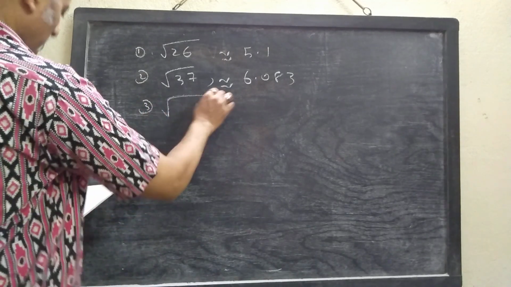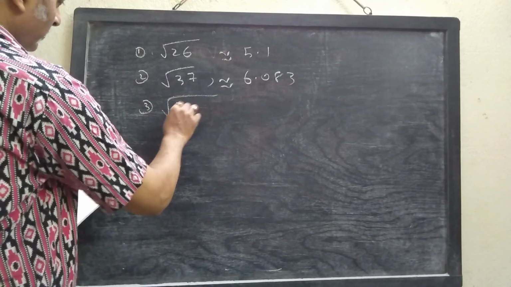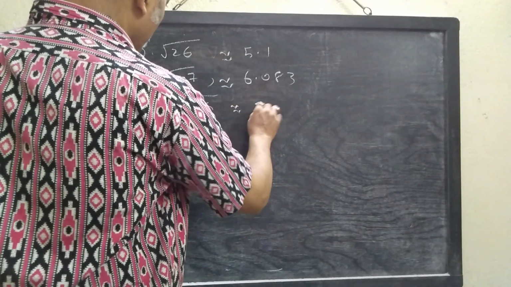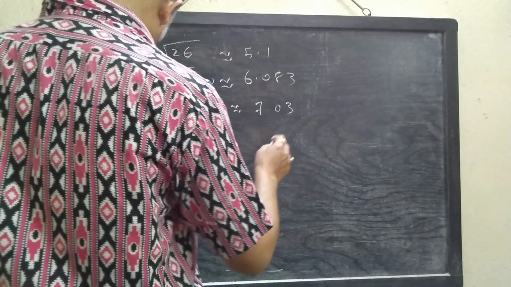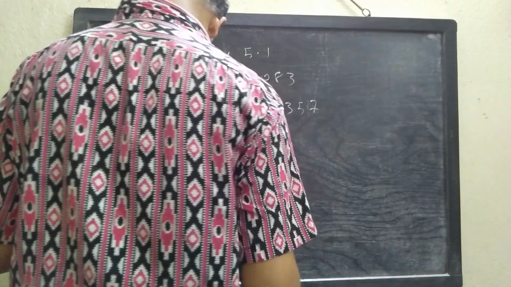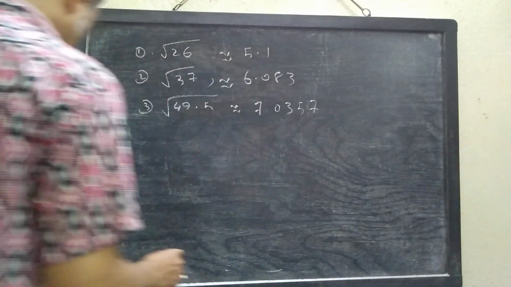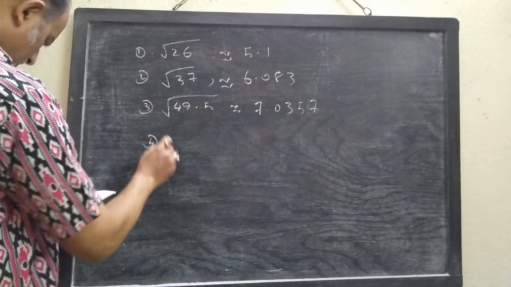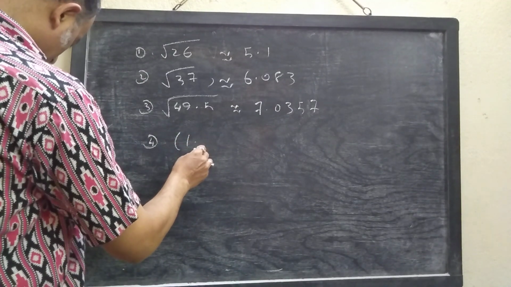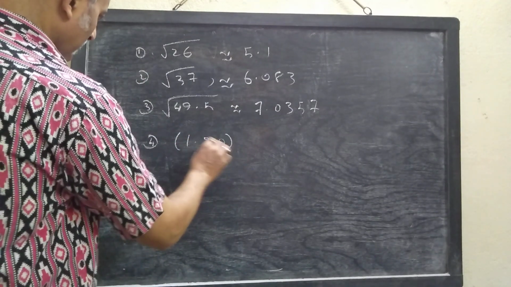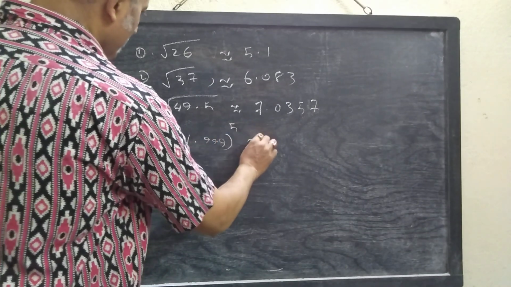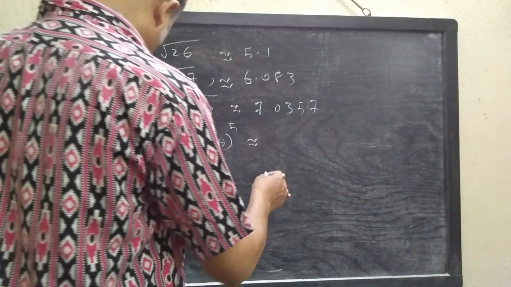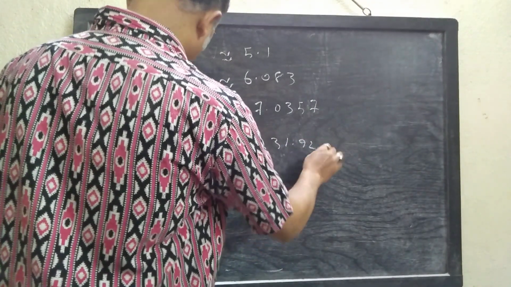Number 3, root 49.5. This is approximately equal to 7.0357. Number 4, 1.999 whole to the power 5. This is approximately equal to 31.92. Here you have to consider f(x) equals x to the power 5.